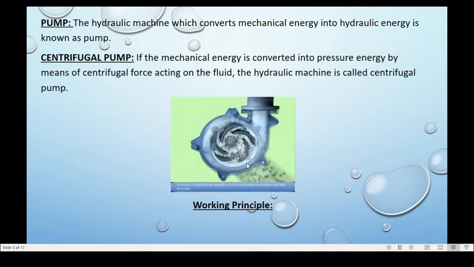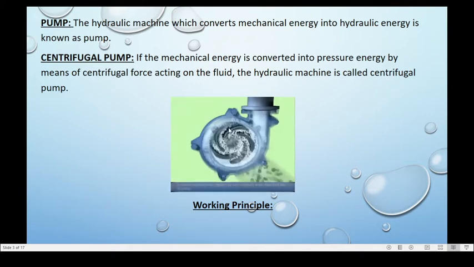Okay, next, at the outlet of the impeller, where the radius is more, the area is more. So at the outlet of the impeller where the radius is more, the liquid will be discharged at the outlet with high pressure.